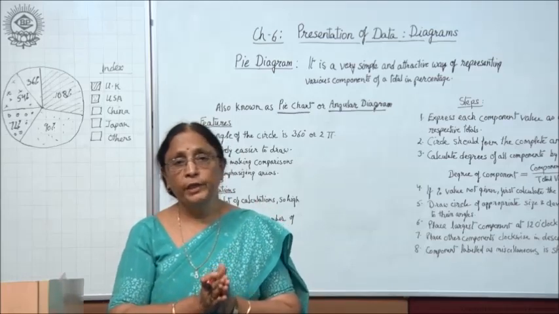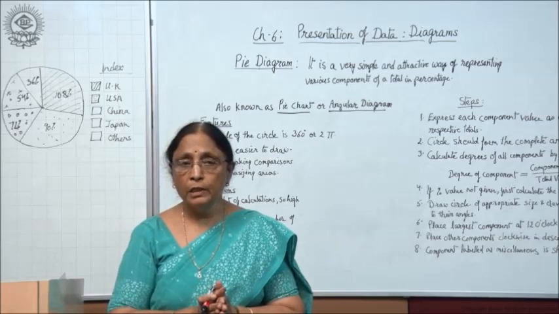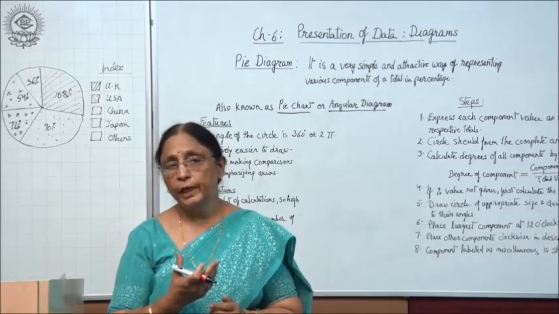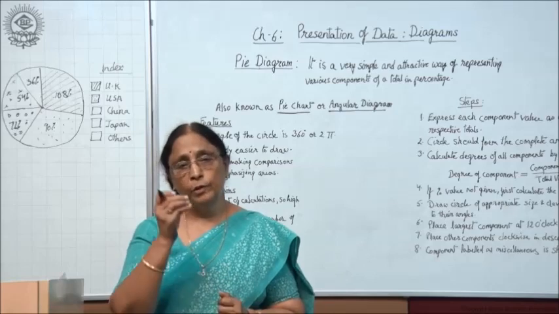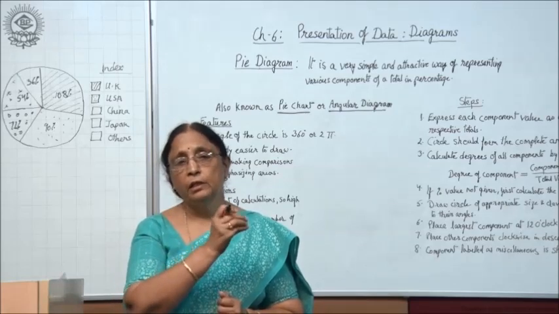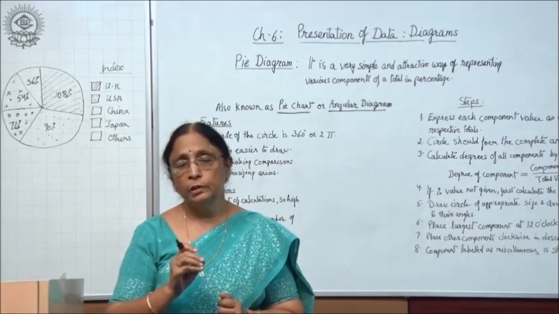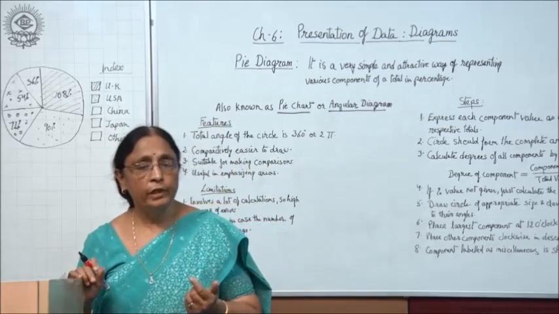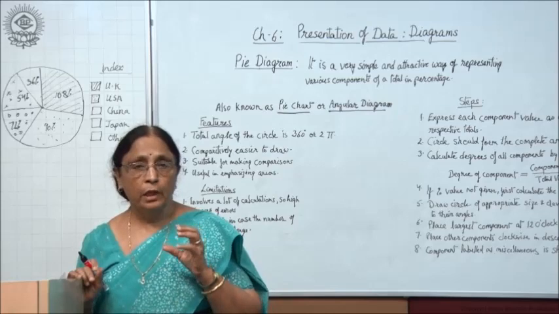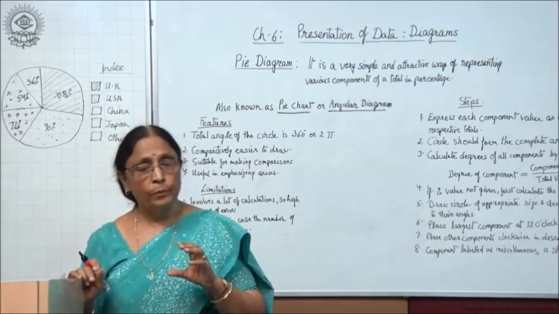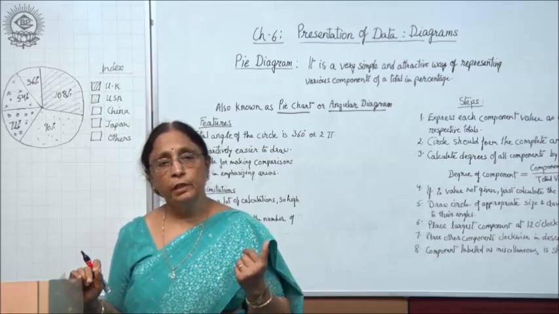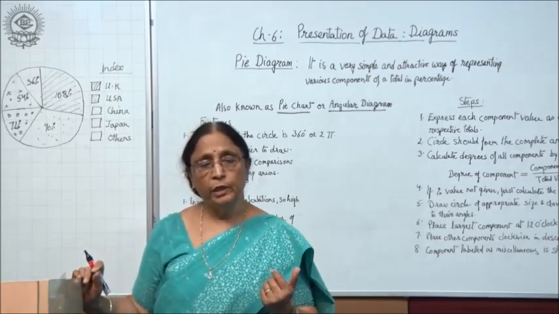If there are 20, 30, 40 subparts, then naturally the diagram will be a little complicated and difficult to draw, because each and every angle is difficult to draw in a small circle. So sometimes it becomes a little difficult, but if the items or components are fewer, then it is considered a very useful and attractive way to show the data.